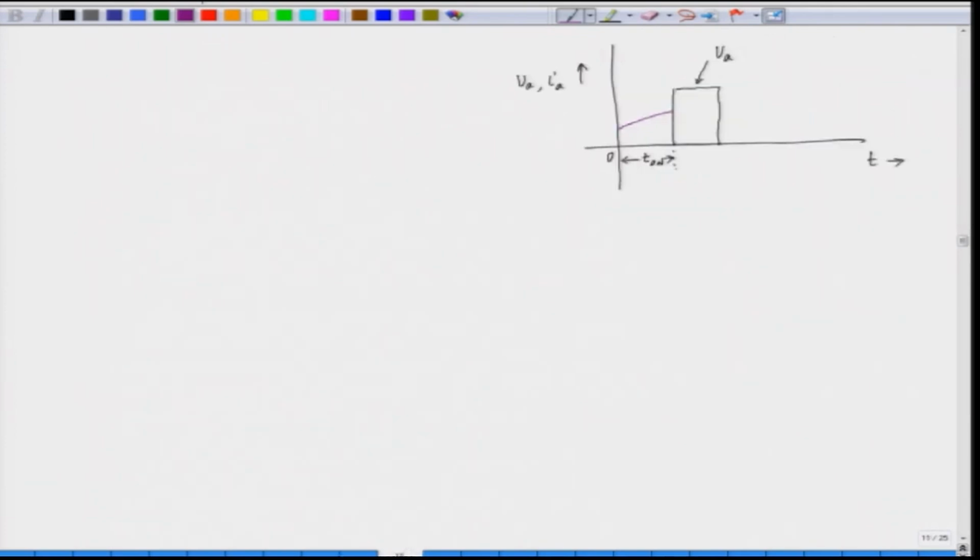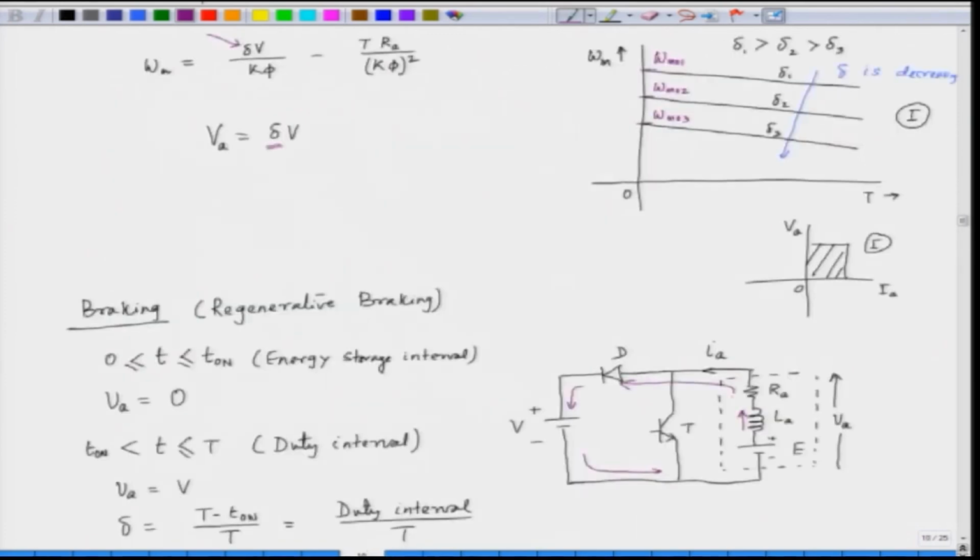and then at t equal to T on, the switch is off, the diode feeds the energy back to the source. In that case the current decreases because V is usually greater than the armature back EMF.